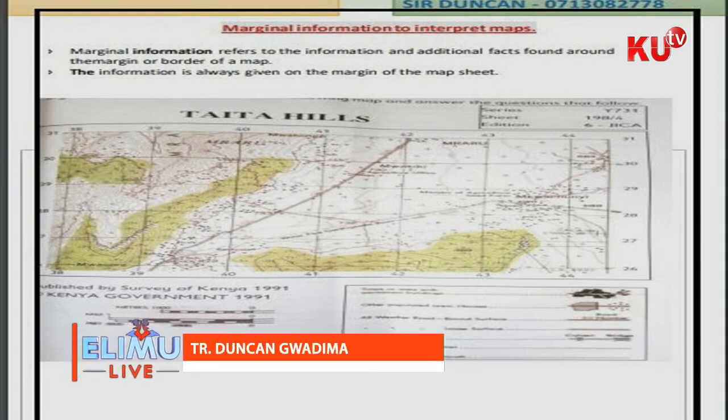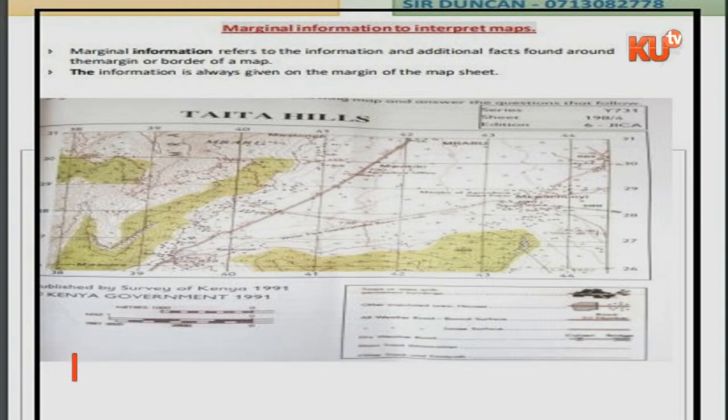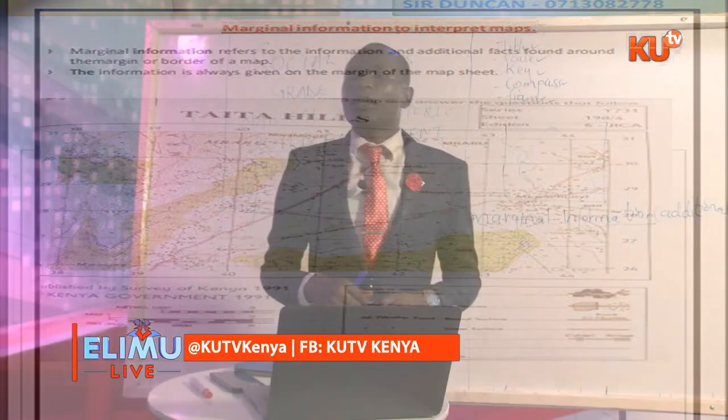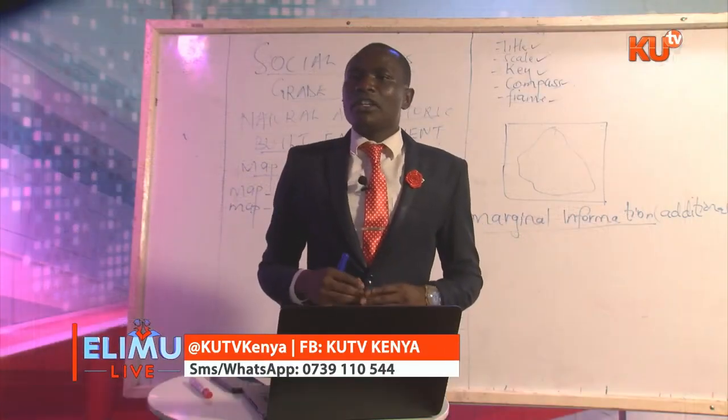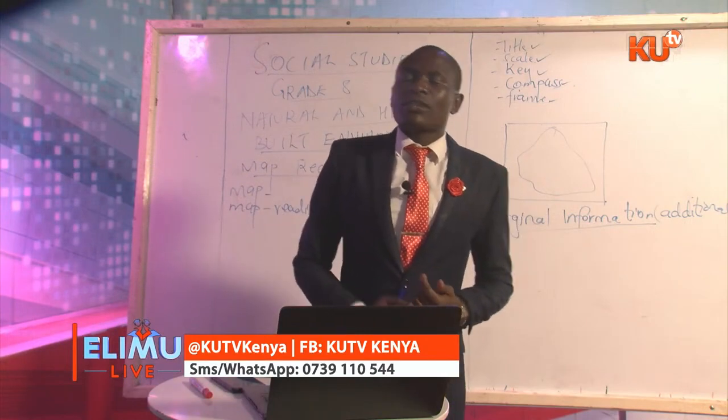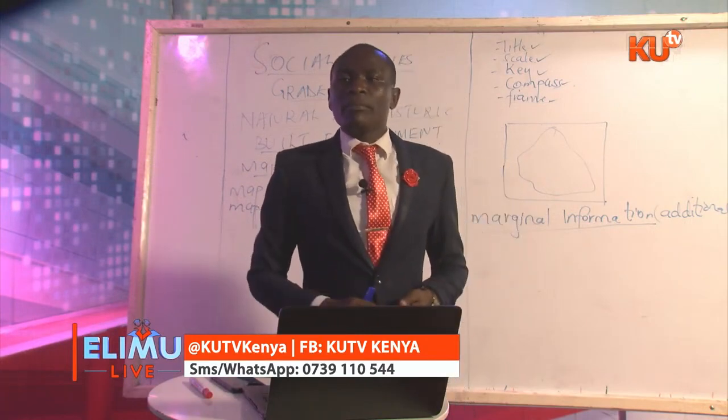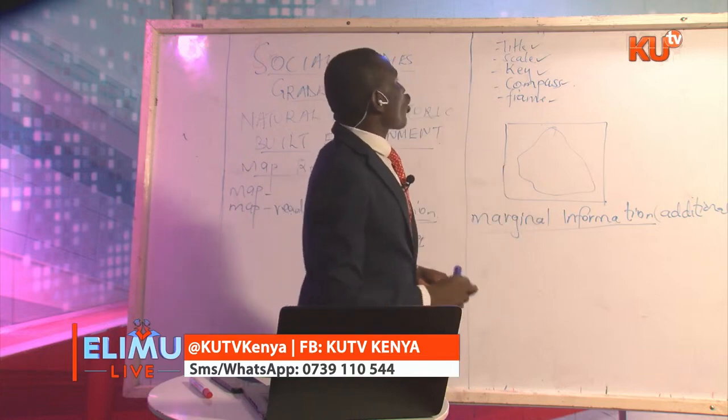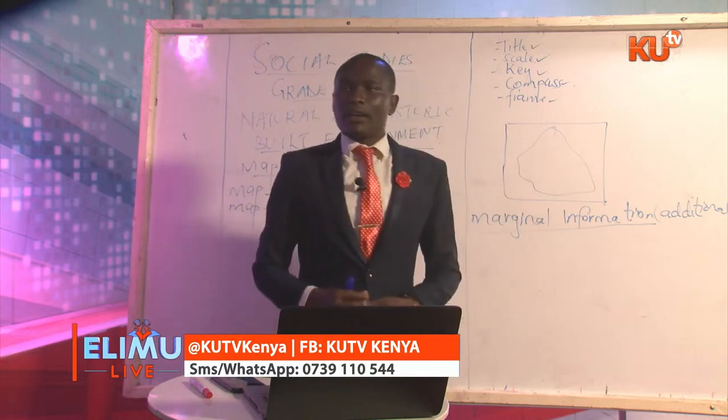When you look at that map, you will find there is information that is not enclosed inside it. The map has all the 5 elements: the title, the key, the frame, the compass and the scale.